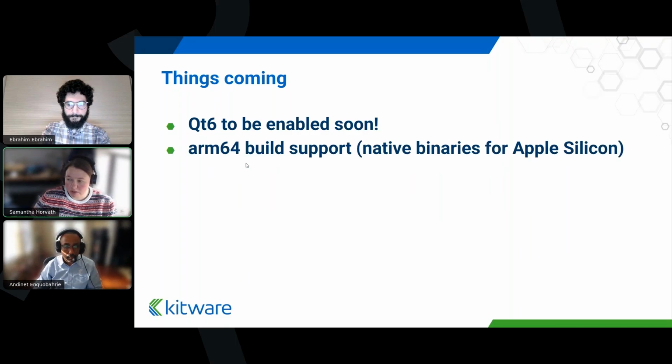Qt6 will help us move to ARM64 build support, i.e. native binaries for Apple Silicon. For our macOS support right now, we are still building the Intel x86 binaries, which then run on the Apple Silicon machines using the Rosetta 2 interface.